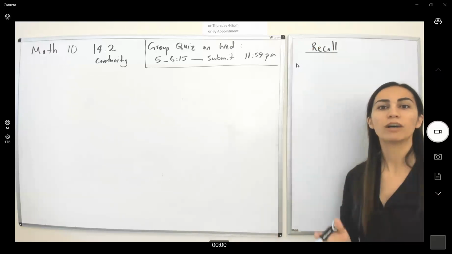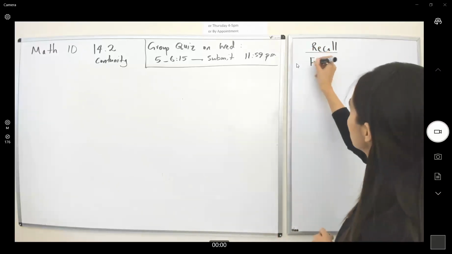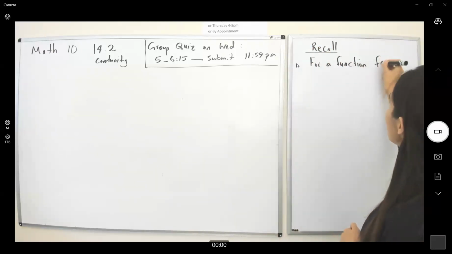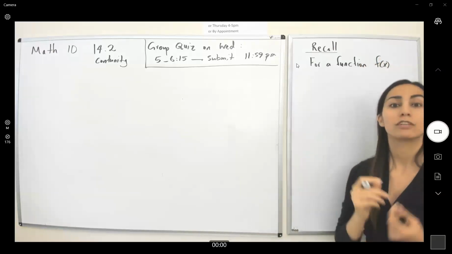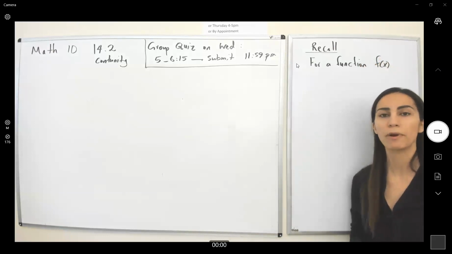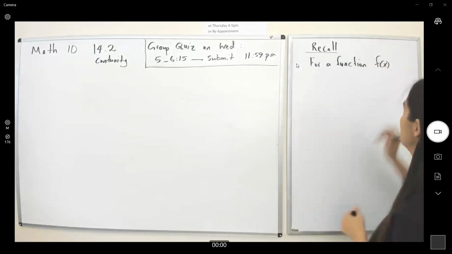In Calc 1A, we learned that if we have a function like f of x with domain, remember that when you have a function, one of the most important properties of that function is finding the domain of that function.